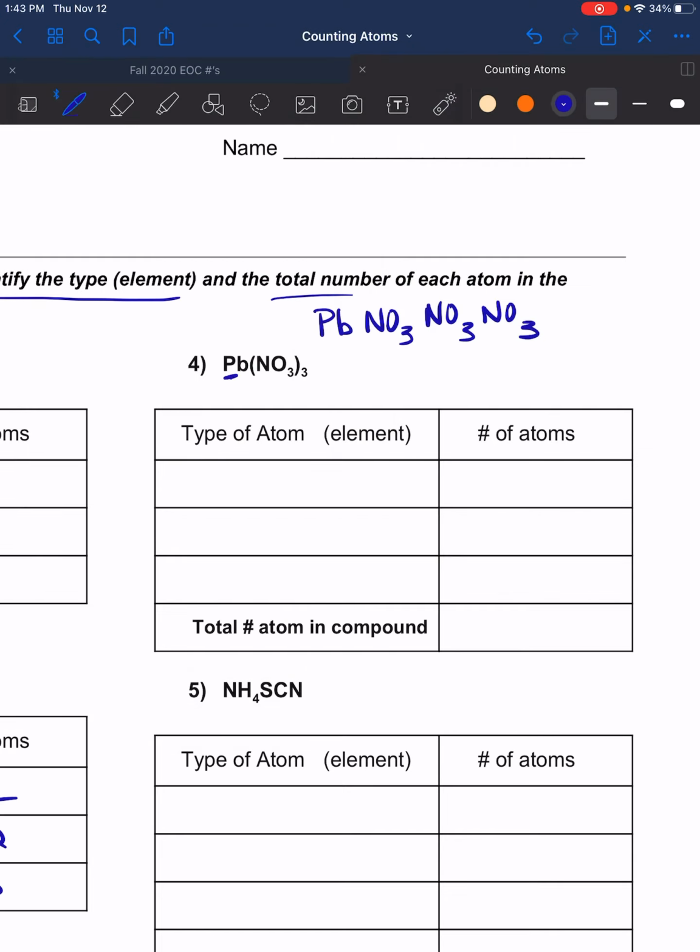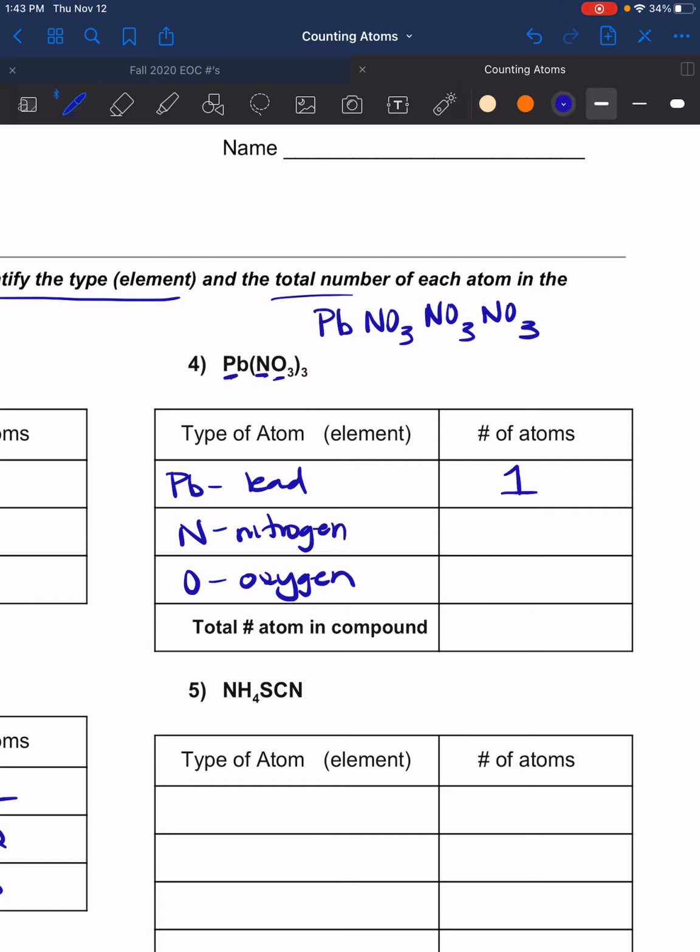So I've got Pb, I've got an N and an O, 3 capital letters, 3 elements. Pb is lead, N is nitrogen, and O is oxygen. And now we can count. The Pb does not have a subscript attached to it because the subscript right here is attached to the parentheses, not the lead.